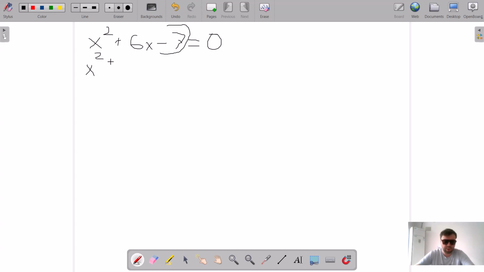Okay, x squared plus 6x equals 7, because after we move the term to the right side we need to change the polarity, change the sign from negative to positive or from positive to negative. So here we have negative, so we change it to positive.